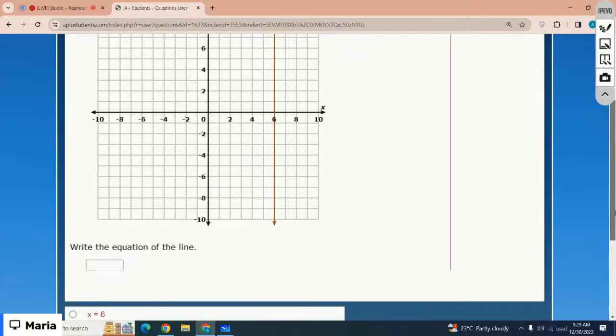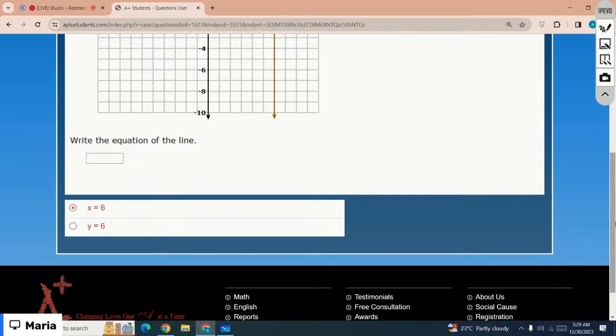That is x equals 6, which is the correct option. Got it?